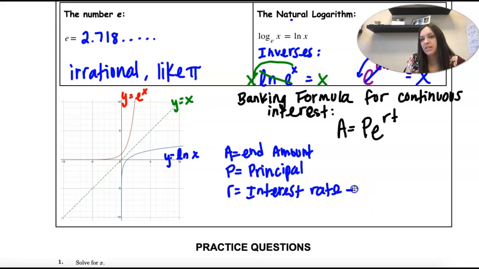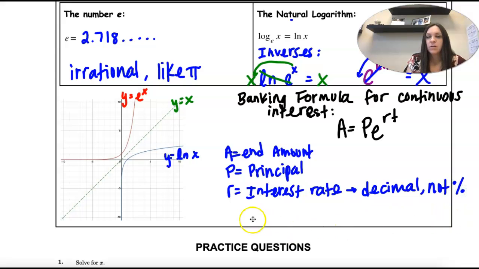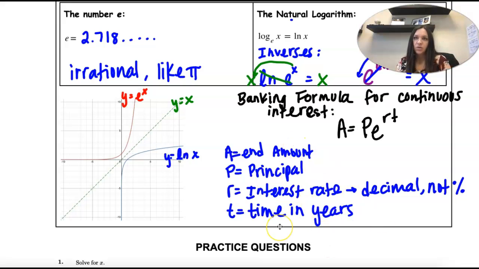And we write that as a decimal, not a percent. And T is the time in years. Okay, so you're going to see a question that makes you use this formula.